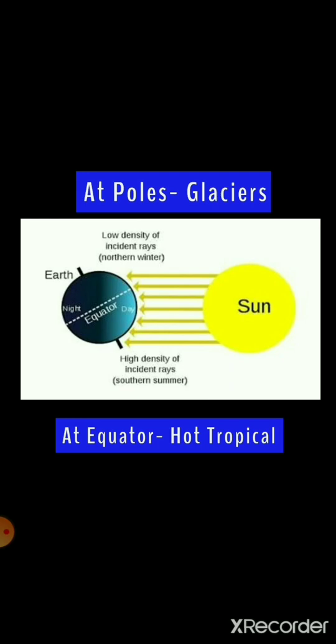At equator you can clearly see that they are covering more area, and by the time they are reaching at the poles the area widens and the heat content decreases, and that is the reason at equator the temperature is hot, climate is hot, and at the poles we find the ice glaciers which have extreme cold temperature.